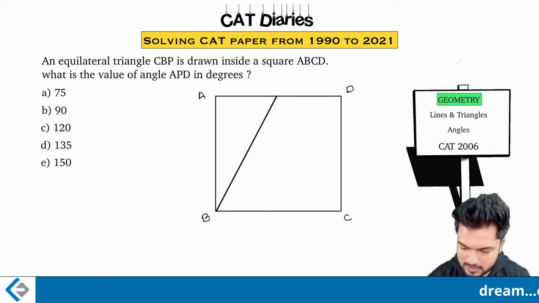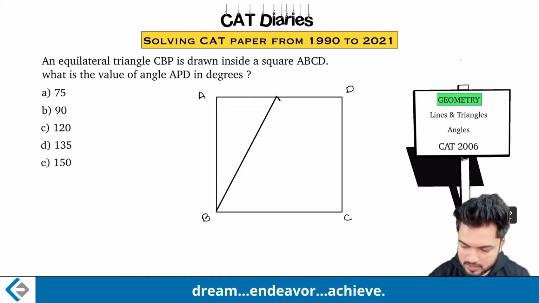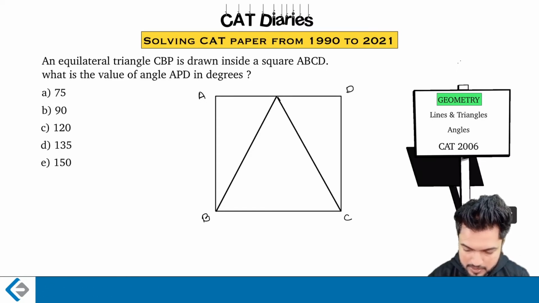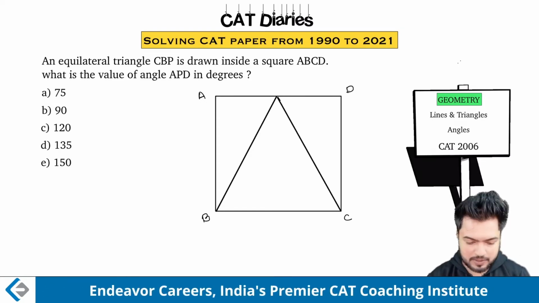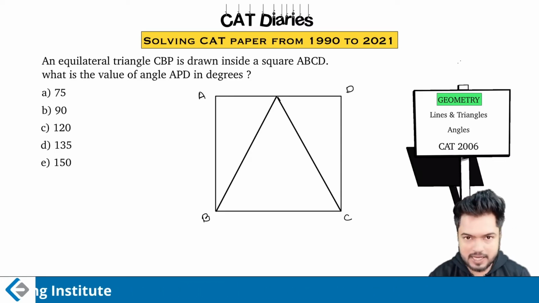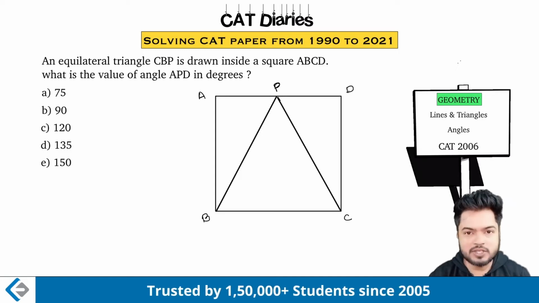Imagine there is a scope to make a wrong diagram in this way. You can possibly make it in this way. Is this diagram correct? Check here. What is being asked? The value of angle APD in degrees. This equilateral triangle is CBP. So if you make it touch here, APD would be equal to 0.